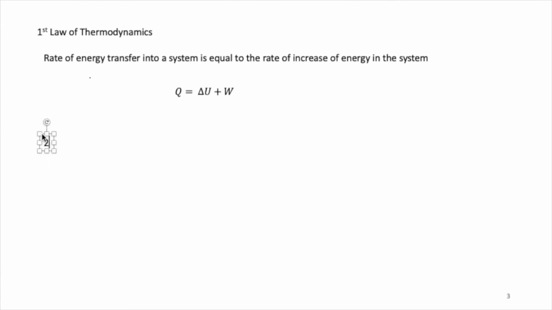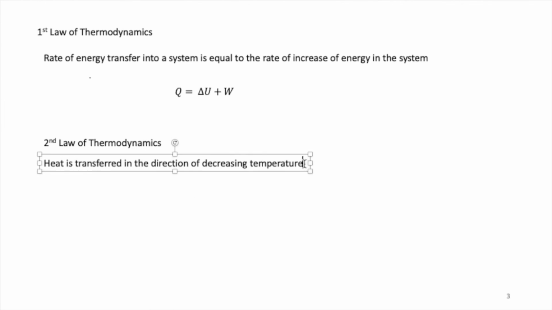Okay, next we go to the second law of thermodynamics. So what is the second law of thermodynamics? The second law of thermodynamics states that heat is transferred in the direction of decreasing temperature. You have high energetic particles, which are high in temperature, and low energetic particles, which are low in temperature. So heat will transfer from high energetic particles to low energetic particles, like what we discussed just now in our example.